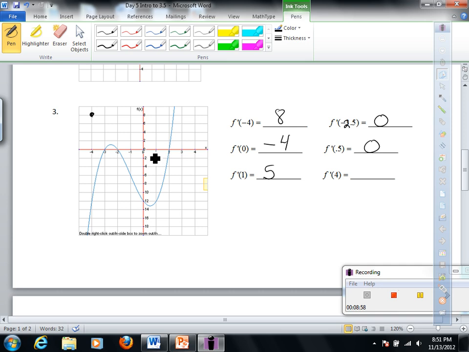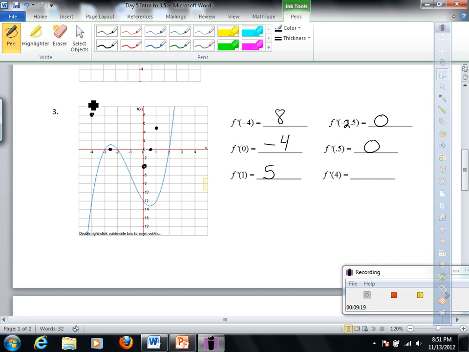At 0, I have -4. At 1, I have 5. At -2.5, I have 0. At 0.5, I also have 0. And really, guys, this is like 68 or something.